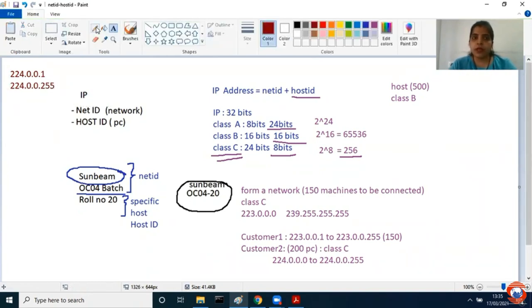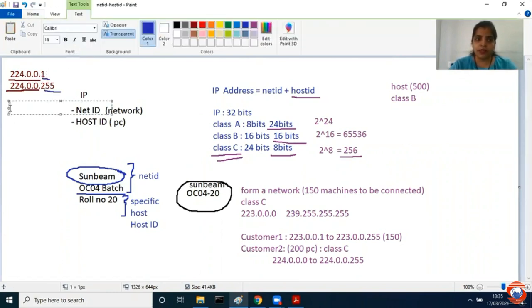This is class C. अब class C में ये हो गया मेरा फिक्स्ड 24 बिट्स विच इज फॉर नेट आईडी एंड रिमेनिंग बिट्स आर फॉर द होस्ट आईडी. तो अगर मैं बोलती हूँ कि फ्रॉम दिस आईपी एड्रेस कैन यू प्लीज टेल मी व्हाट इज नेट आईडी, सिंस इट इज क्लास सी तो इसका नेट आईडी क्या रहेगा? फर्स्ट 3 ऑक्टेट्स आर रिजर्व्ड. आर यू गेटिंग?